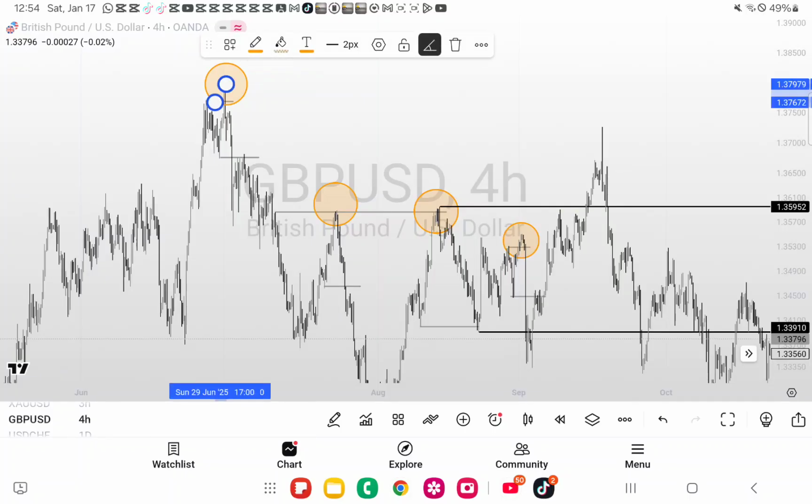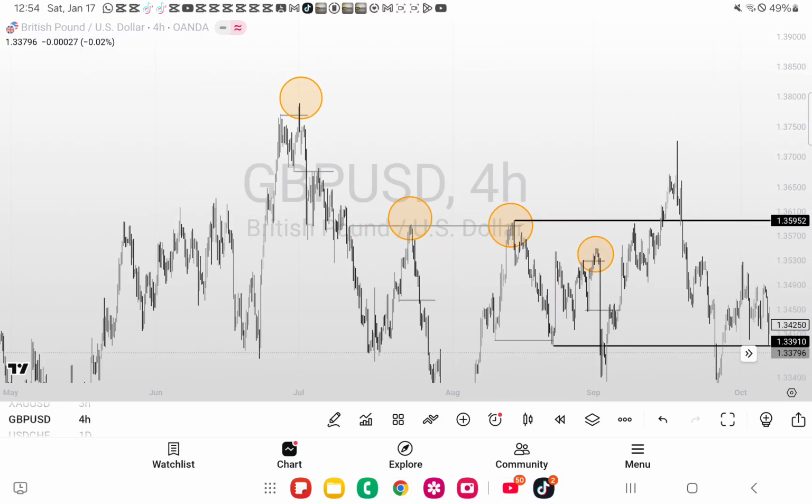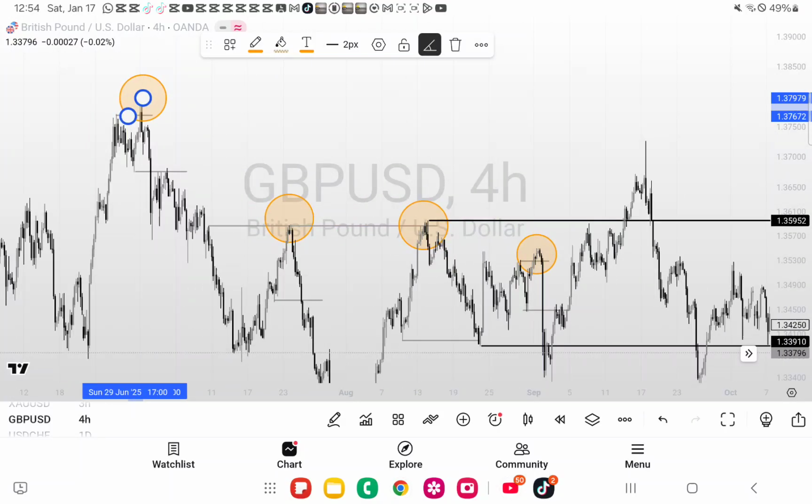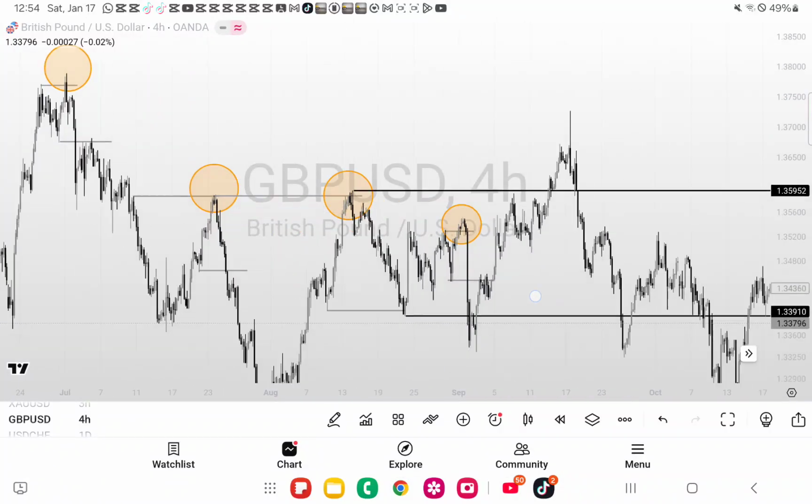If price break above this high, that is a complete change of character, right? Everything happening within this range is an internal structure. That is where you have to be looking for short-term buy or short-term sell.